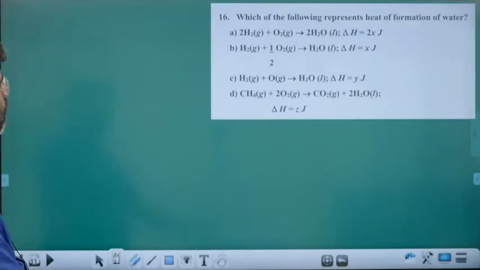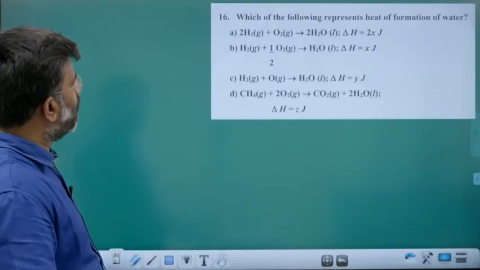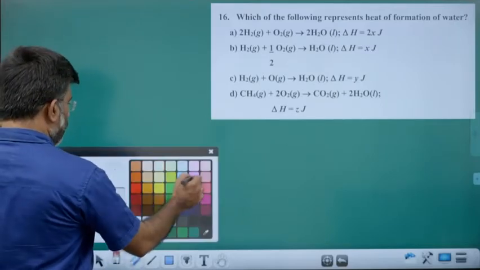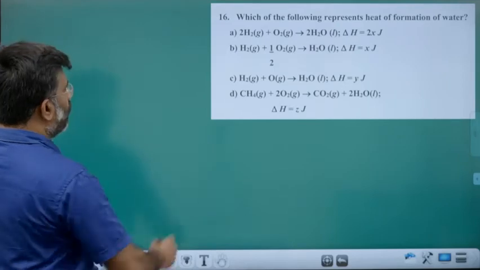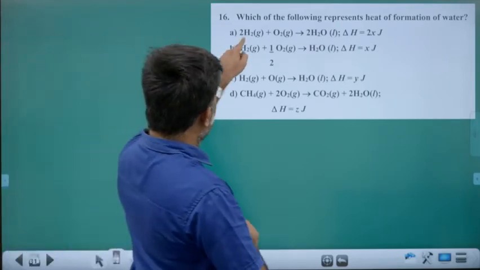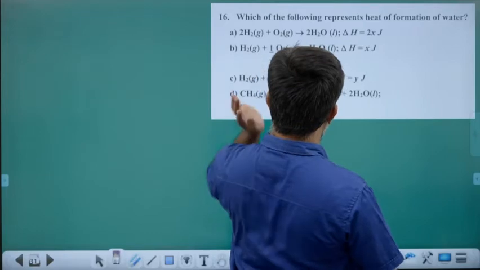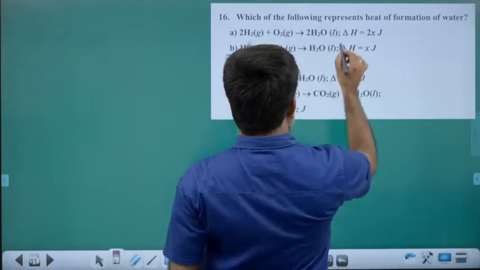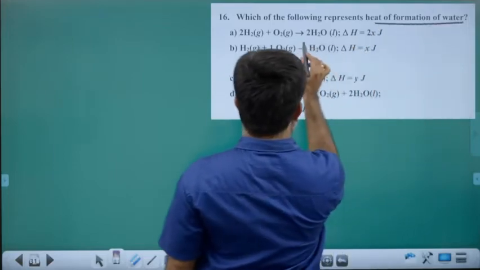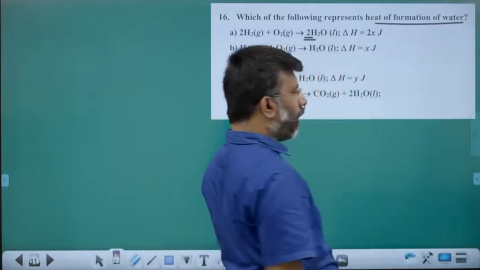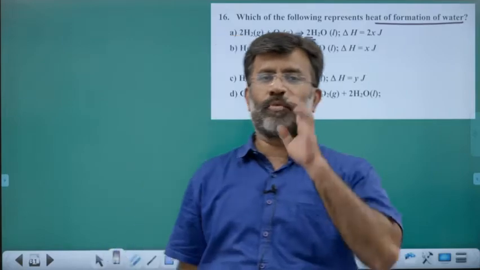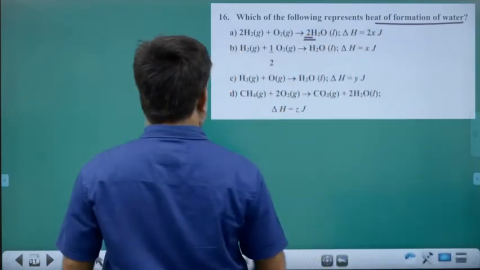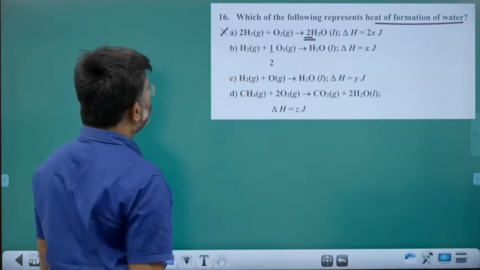Next one. Heat of formation of water. Which one will represent heat of formation of water? Hydrogen gas, oxygen gas, H2O liquid: 2H2 plus O2 giving 2H2O. Heat of formation is for 1 mole of compound. It is not for 2 moles of compound. So here it is 2 moles.